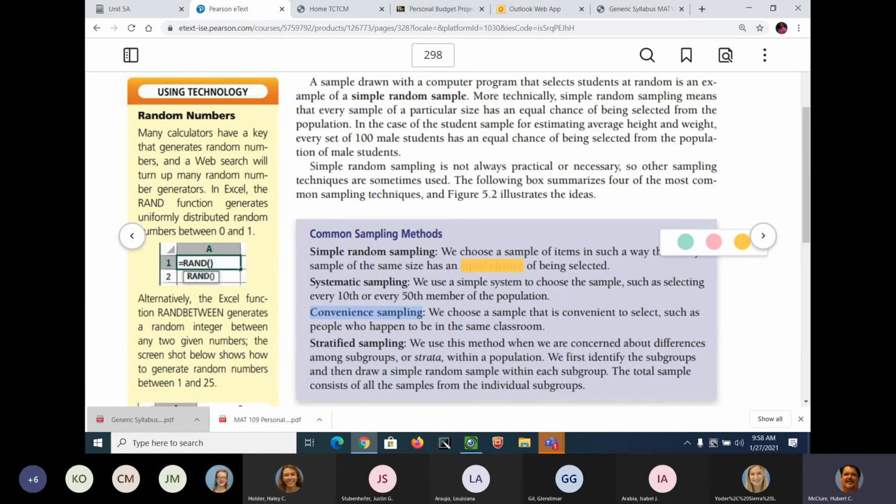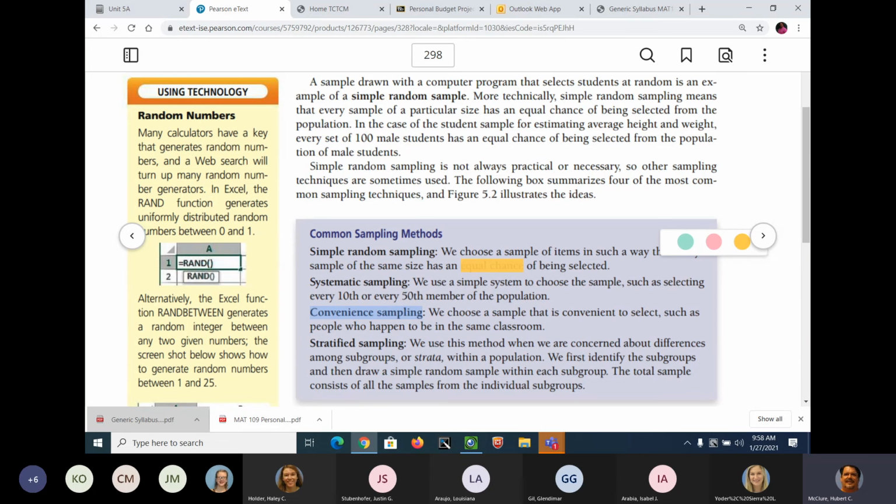That would be stratified. I go to a voting precinct and I ask people, what do you think about this legislation that's being voted on today? And I'd ask Republicans and Democrats and independents and Green Party and whatever parties are represented.